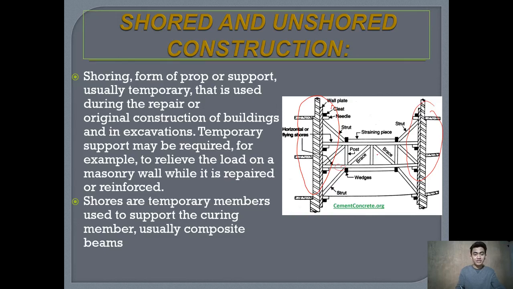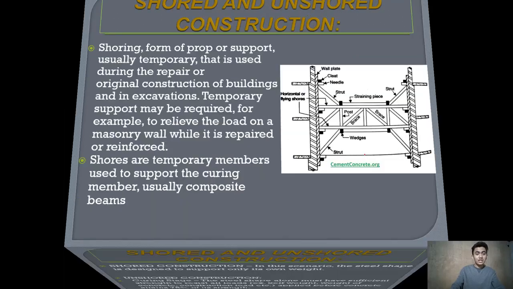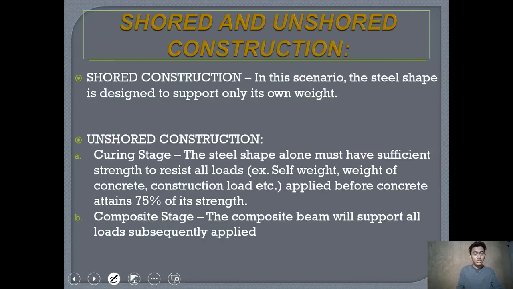All right. So let us define what are shored construction and then what are unshored construction. Now, when we say shored construction, it says here, in this scenario, the steel shape is designed to support only its own weight. All right. And then under unshored construction, there are two types that we are going to consider. We have your curing stage and then the composite stage.